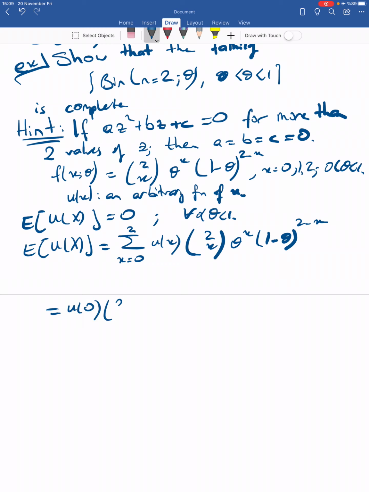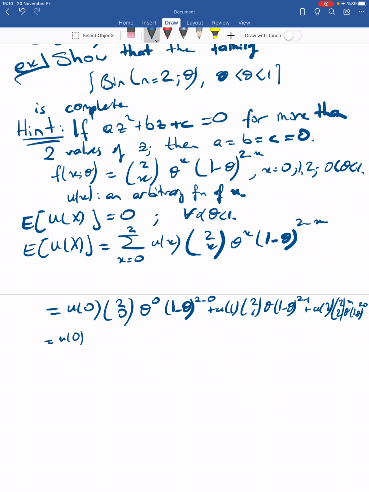Replace x by 0: u0 times (2 choose 0) theta to the 0, (1 minus theta) to the 2 minus 0, plus u1 times (2 choose 1) theta (1 minus theta) to the 2 minus 1, plus u2 times (2 choose 2) theta squared (1 minus theta) to the 2 minus 2. Opening up the square, we have u0 (1 minus 2 theta plus theta squared) plus u1 (2 theta minus 2 theta squared), and u2 theta squared.